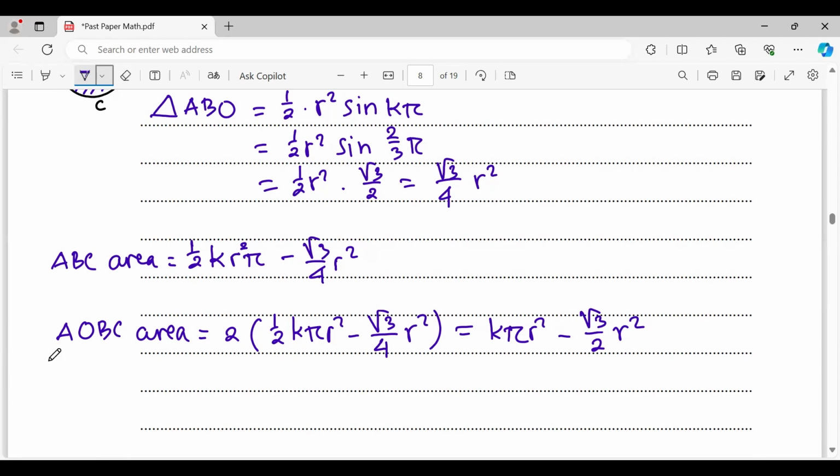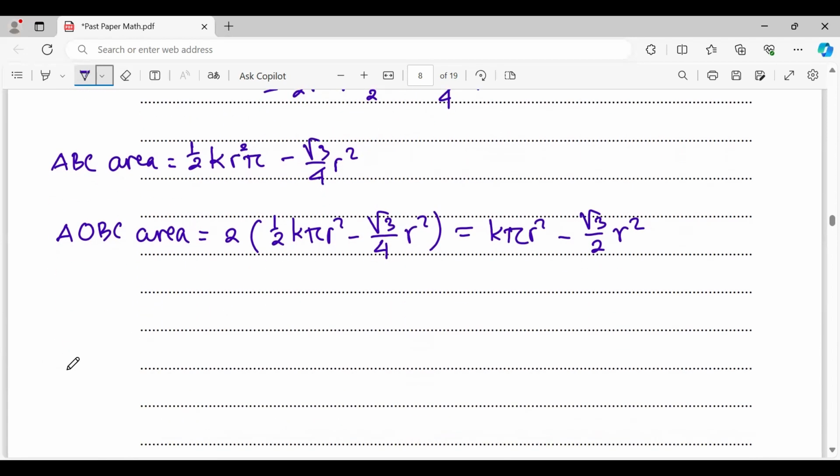Then for the shaded area, we can determine the shaded area is pi r squared, this area of the circle, minus the AOBC area. It means minus k pi r squared, plus, sorry, because minus minus square root 3 over 2 r squared.